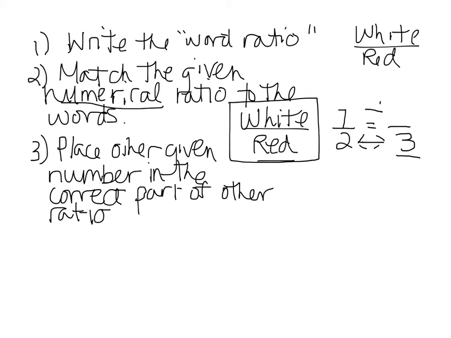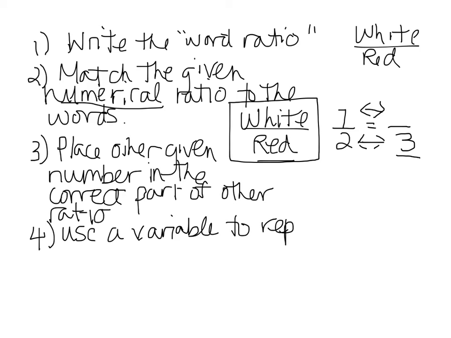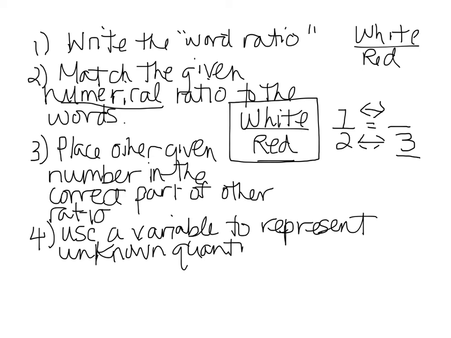And because we don't know what white is, we use a variable to represent the unknown quantity. In this case, what we don't know is white, so it goes up here.